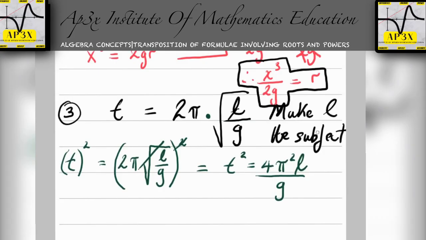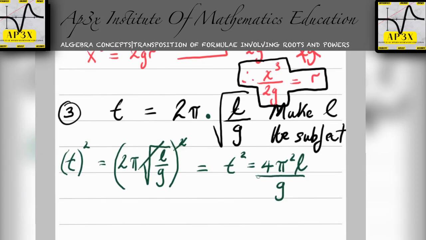Now bear in mind that we need to get L to be the subject. In this case our L is in the numerator, and according to the rules in part 1 that we discussed, if the subject is in the numerator, then it requires us to cross multiply.